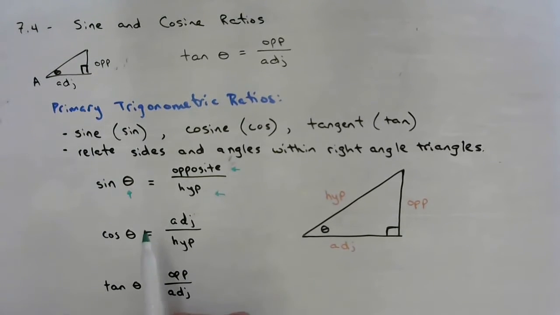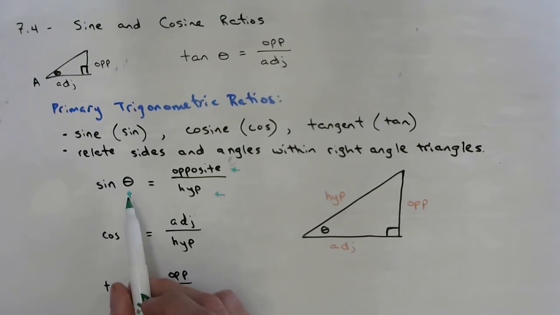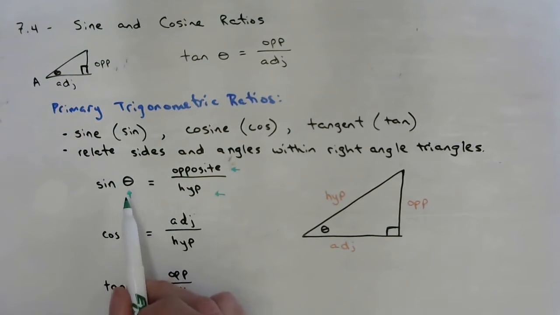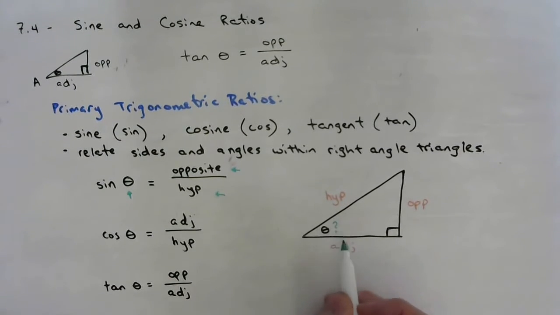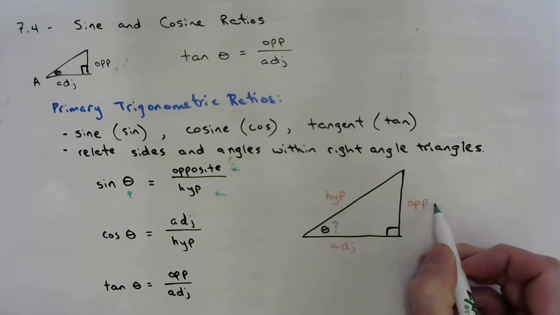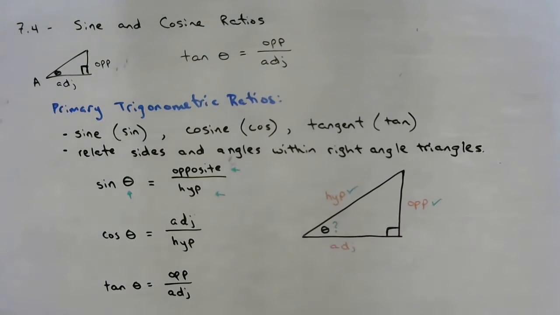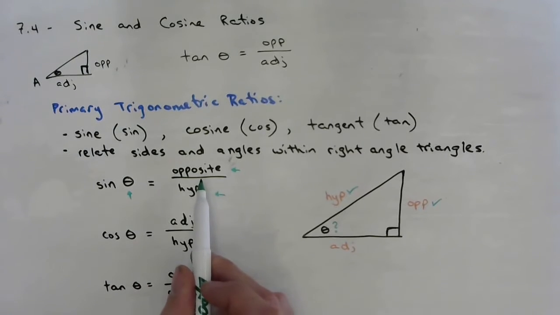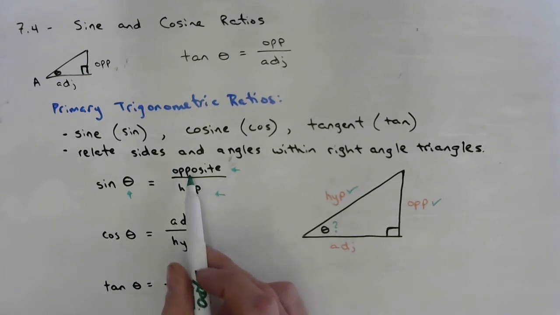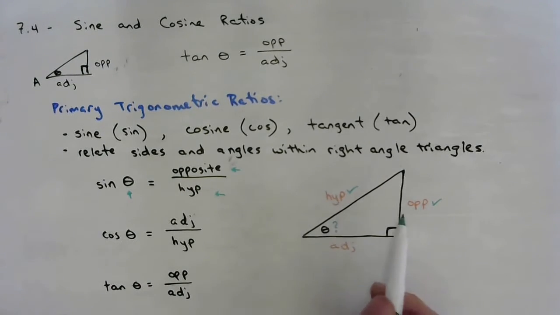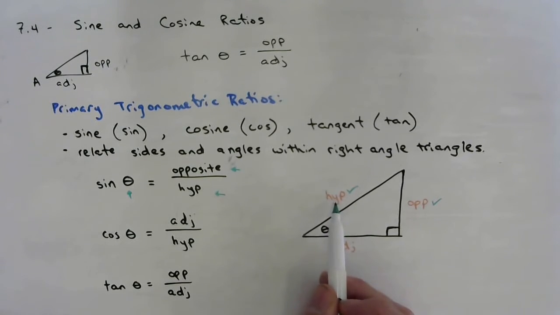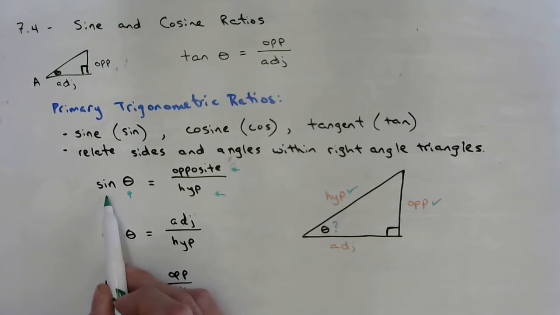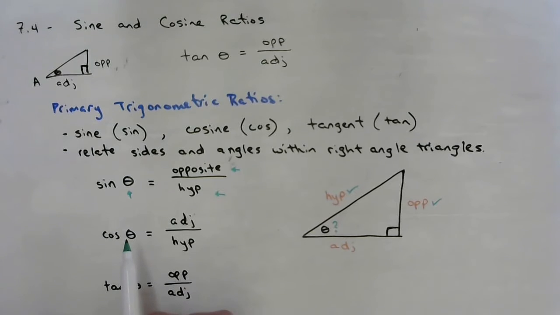So if you're wondering what the angle measurement is here, but you know this side and this side, you can use the sine ratio to get that ratio, opposite over hypotenuse. It's just going to be a number over another number. You can take the inverse sine of both sides, and that will give you the angle measurement.